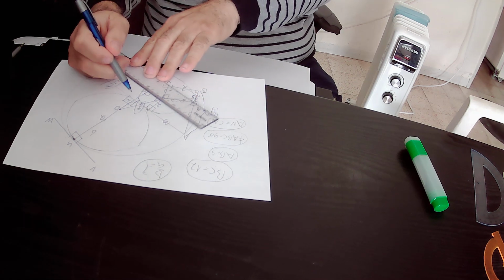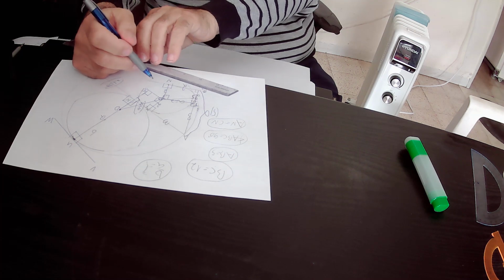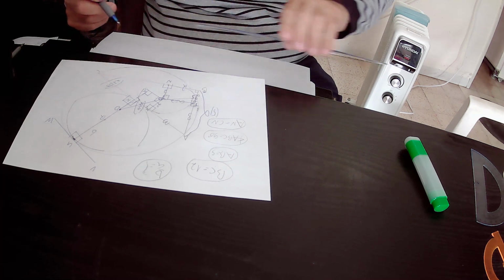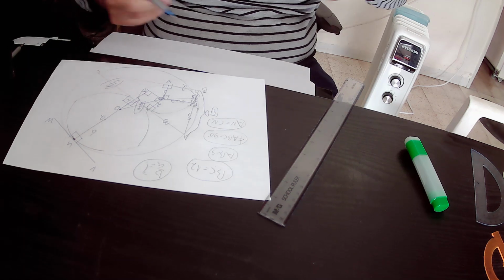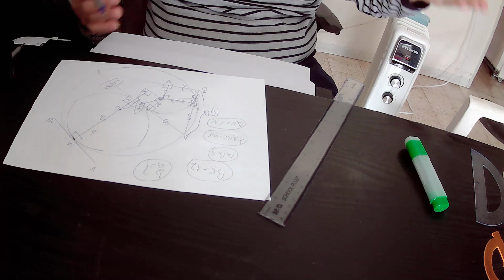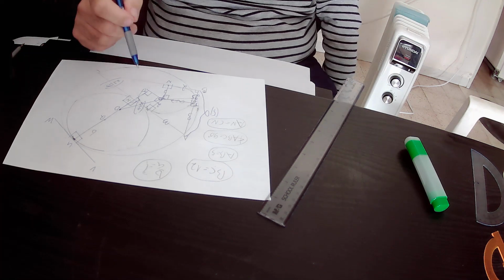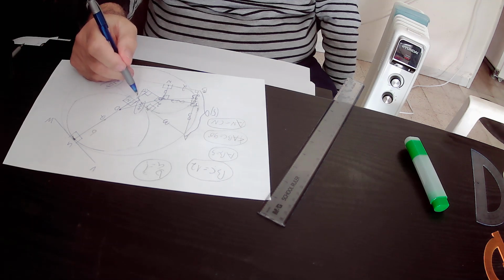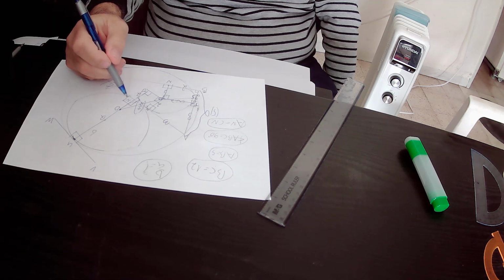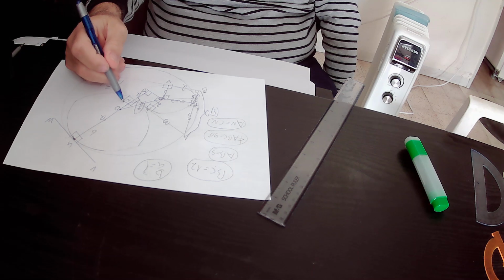Quadrilateral NMTP has 4 right angles, so it must be a rectangle or a square. So we treat quadrilateral NMTP as a rectangle. And we know that the opposite sides of a rectangle are equal to each other. That is to say, PM equals TN. But PM is 2, therefore TN must also equal 2. We define the length of line segment NO as h.